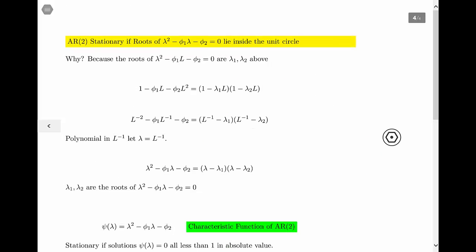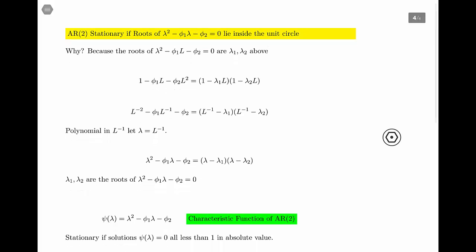So then, how does this relate to the condition that I gave in the lecture? Remember, on one of the slides, we saw that an AR(p) process is stationary if the roots of the characteristic equation, which was defined in lectures, lie within the unit circle. So let's give the specific case for p equals 2.